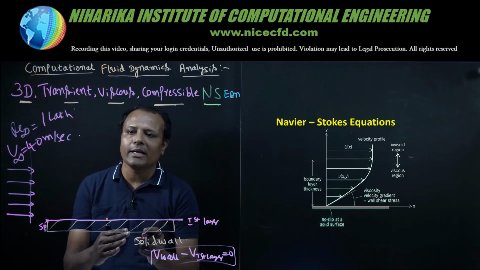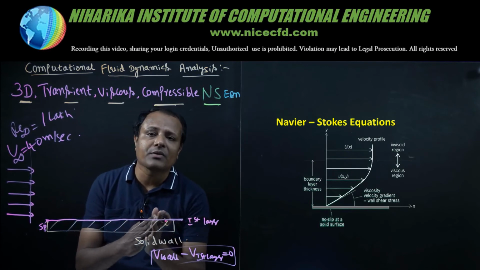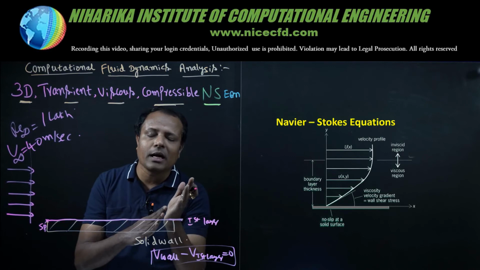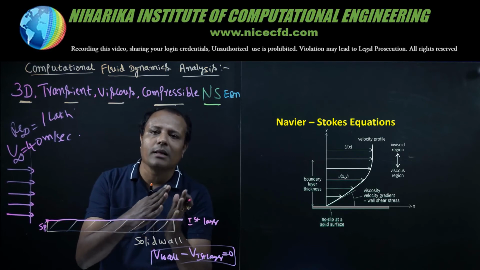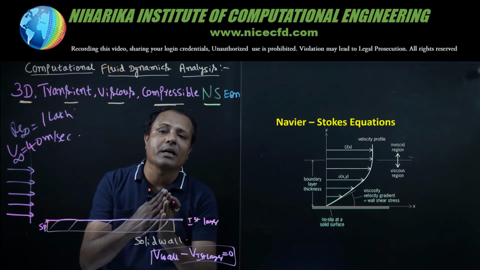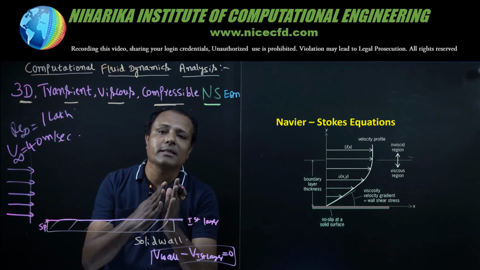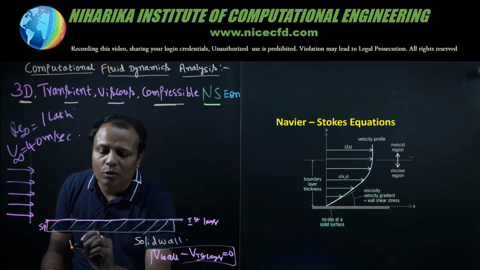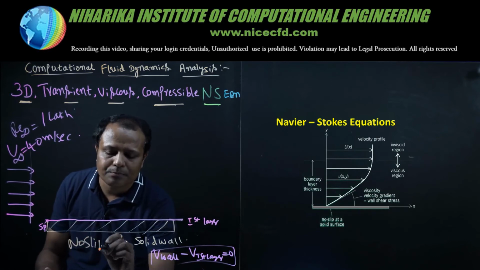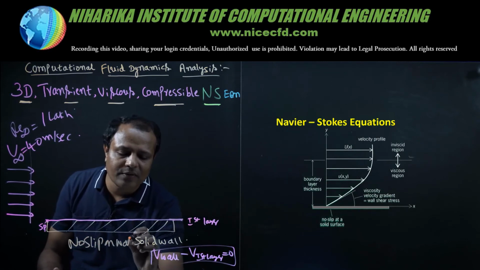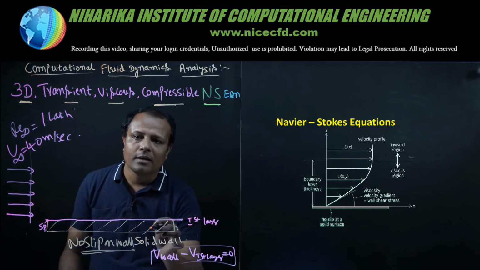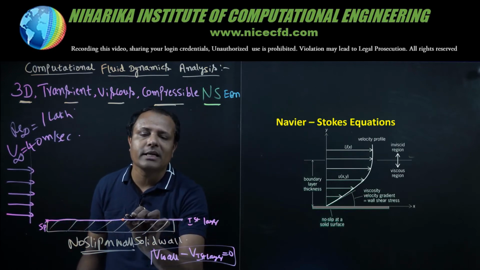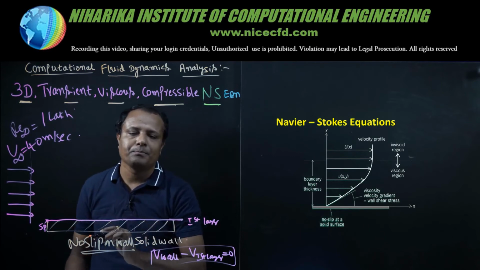So the first layer has become an integral part of the wall. It is permanently adhered to the wall. It is not going to slip on the wall. That condition is called no slip on the wall. So what is the definition of no slip? The relative velocity of the first layer at the wall is 0. That is the definition of no slip.